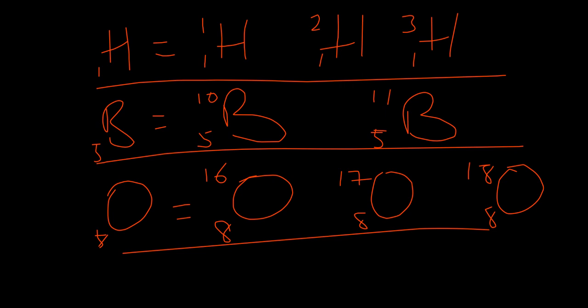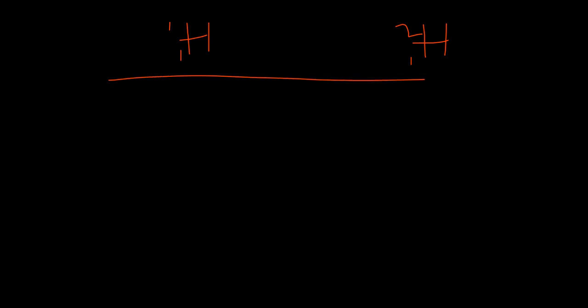Now, let's look at something very important. Let's say hydrogen 1 and this another hydrogen. These are two isotopes of hydrogen. What do they have in common? So, isotopes of the same element, what do these isotopes have in common?